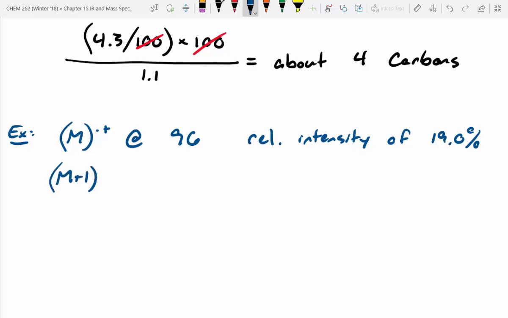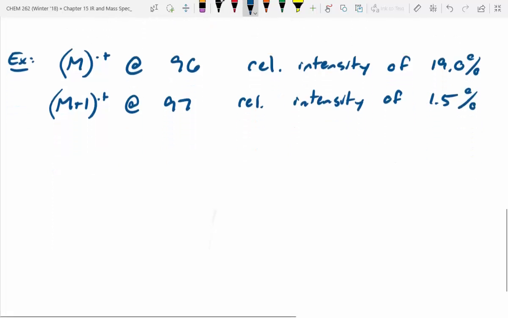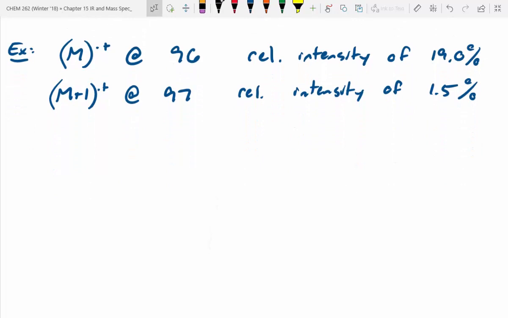Our mass plus 1 radical cation, where's that going to be at for mass to charge? 97. Yeah, 97. It's going to have a relative intensity of 1.5%. All right, how many carbons are in this system? Now we might need a calculator.